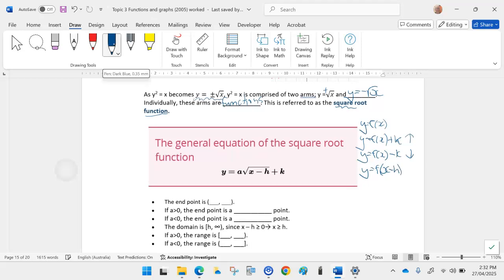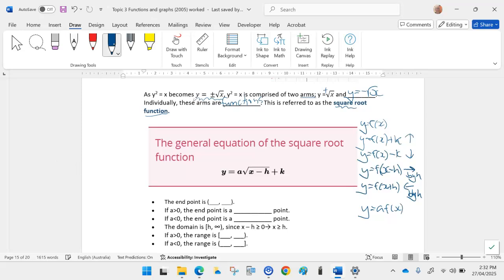Minus h, thinking opposite intuitively, moves it to the right by h. And similarly, if you go f of x, but then plus h in brackets, that moves it to the left by h. And putting a constant out the front would change the shape of it as well.